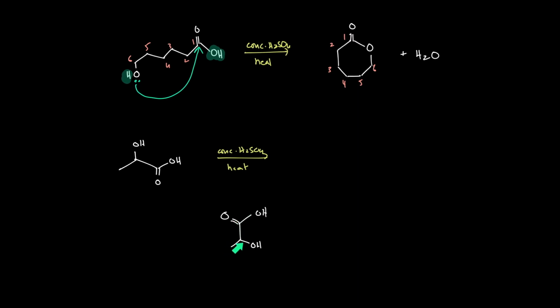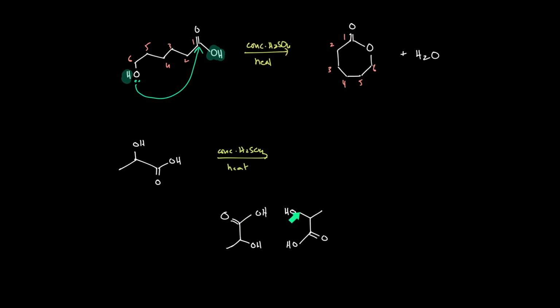And now let's take the same molecule and draw it on the other side, like this. We have the same 3 carbon chain, but now I've just shown the acid group नीचे की तरफ and the alcohol ऊपर की तरफ.